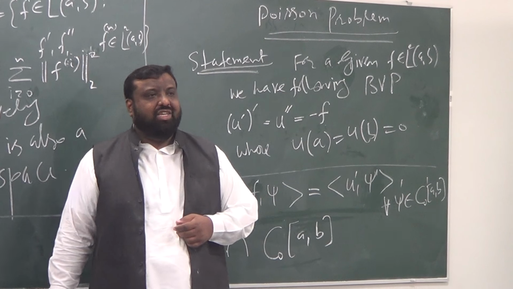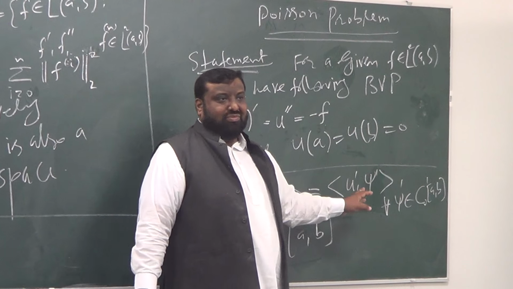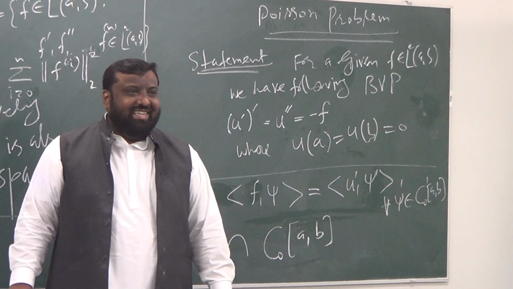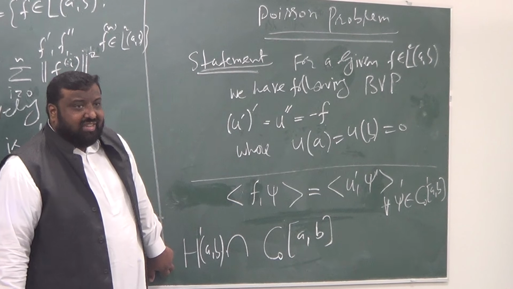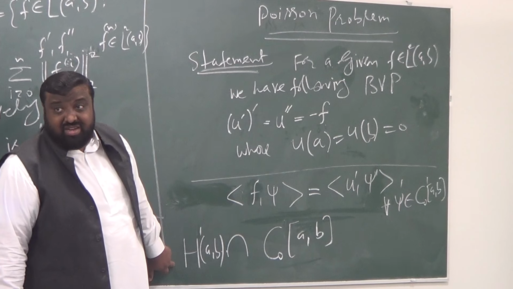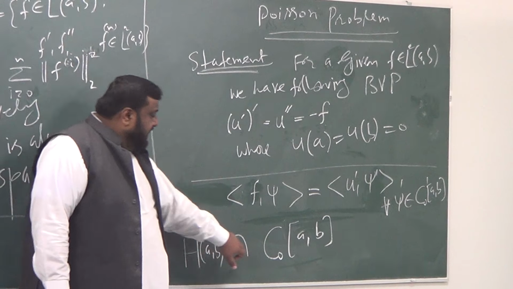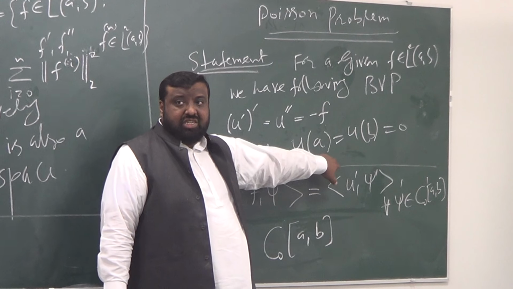This is the key thing. Just think about it. Is there a second order derivative of u here? So why would you need it? You don't need it in the weak sense. So you need your function to be in H1 so that you can have a u prime. You need it to be in C0(a,b) so that it satisfies the boundary condition.